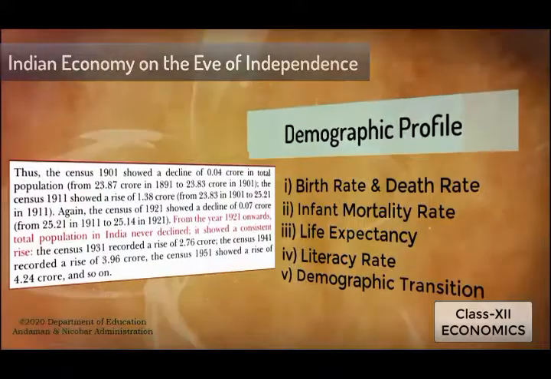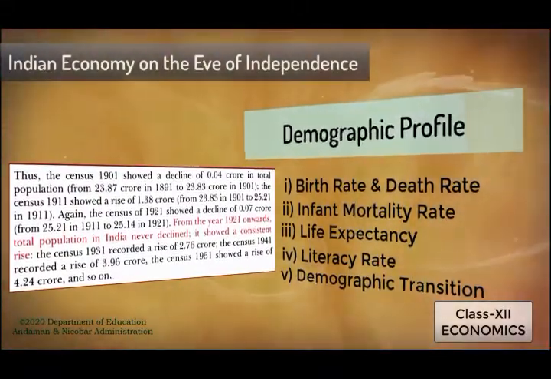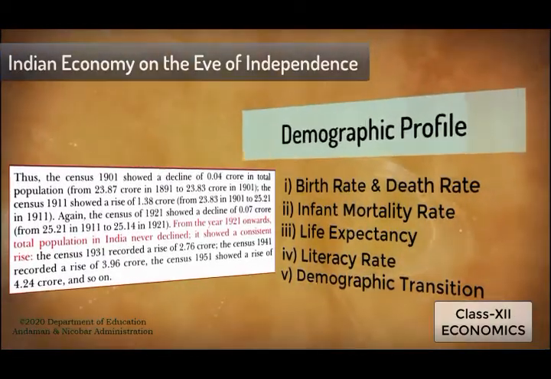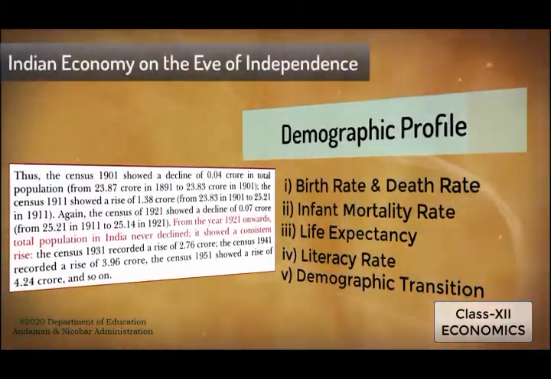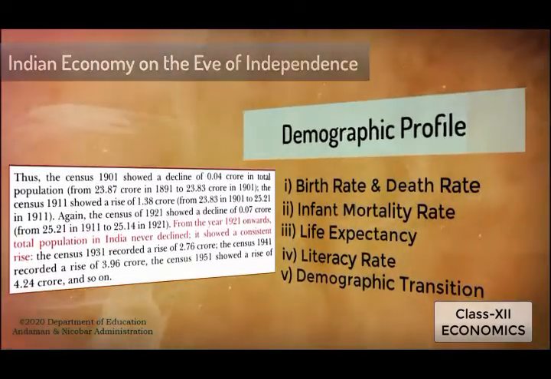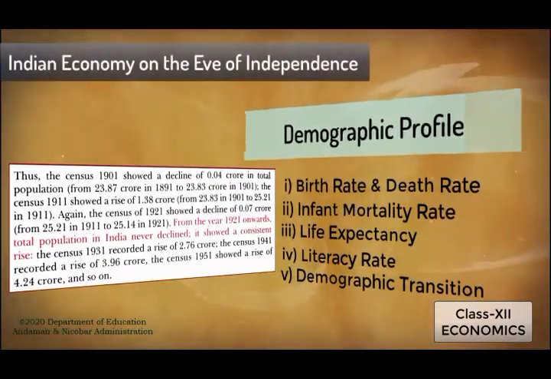Now students, look at this data. The census of 1901 showed a decline of 0.04 crore in total population, from 23.87 crore in 1891 to 23.83 crore in 1901.